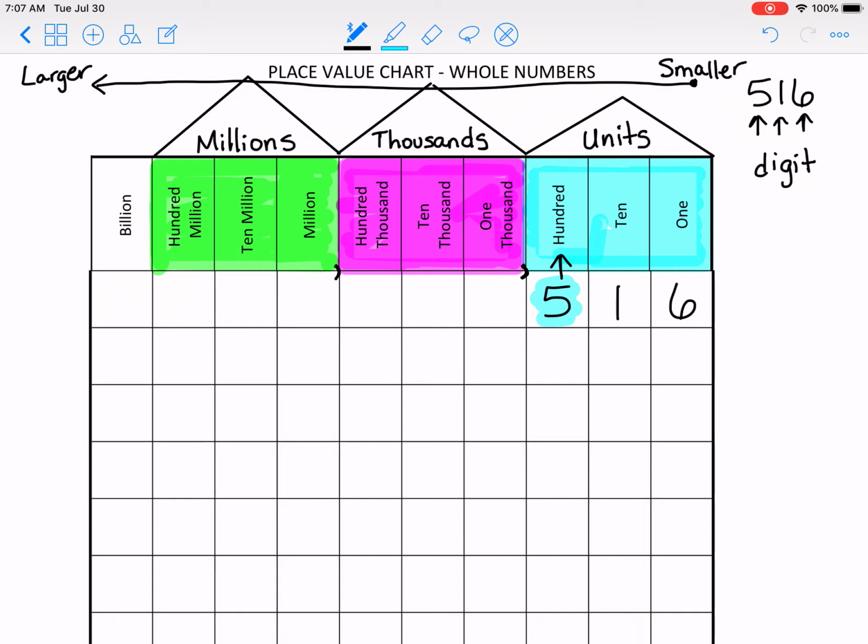So that 5 is no longer just a 5. Its value is 500.